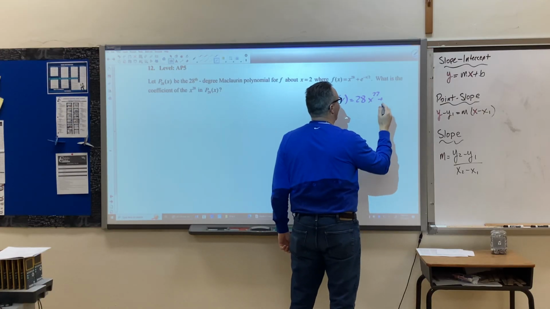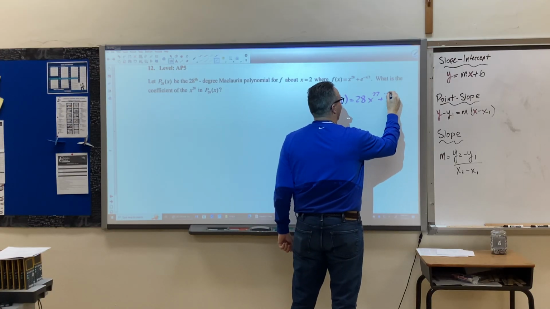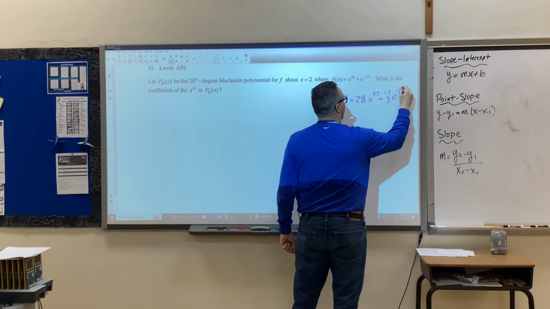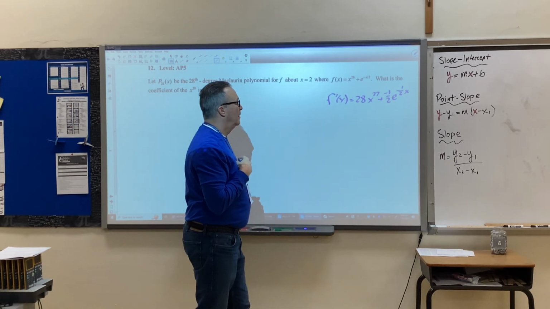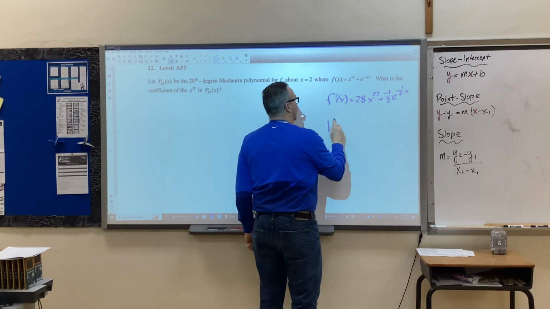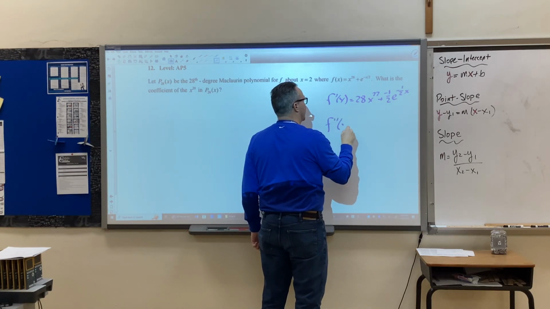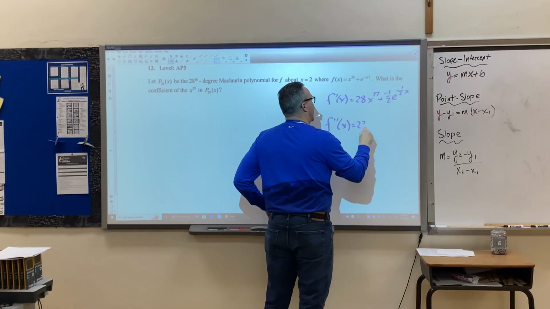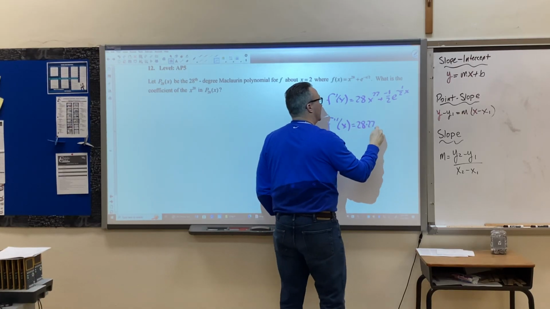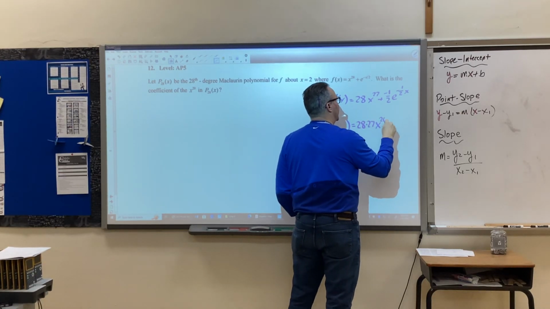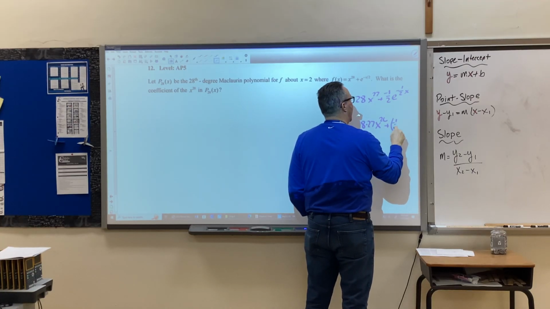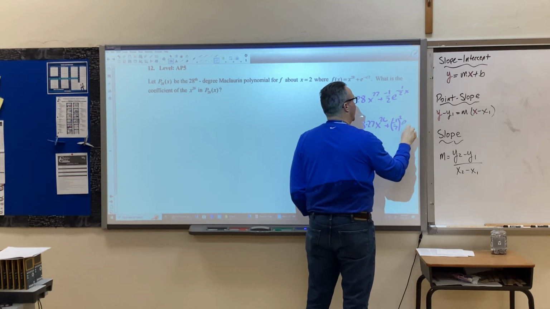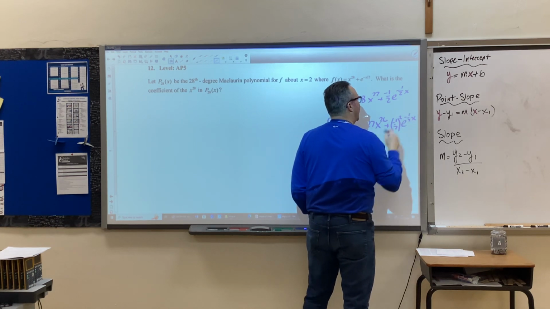Plus, there's a little bit more. Negative 1/2 to the, what is it? And then the second derivative is 28 times 27 x to the 26 plus negative 1/2 to the second power times e to the negative 1/2 x.